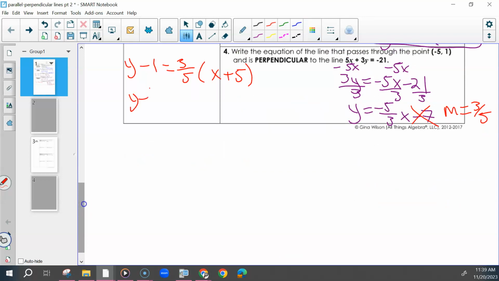So we have y minus 1 equals 3/5 x plus 3. Add 1 to both sides. What is our final equation? Any questions about that?